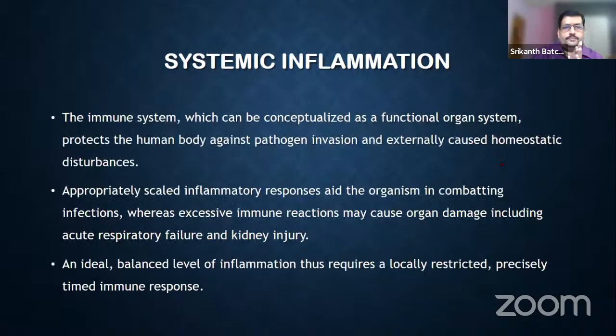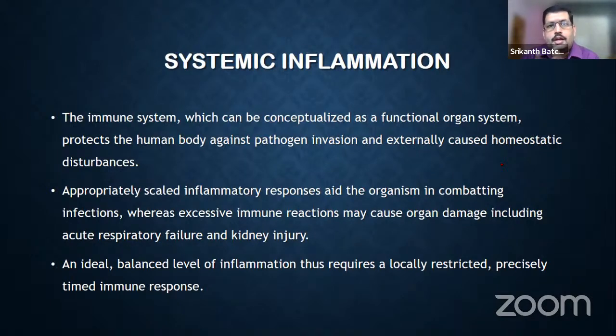We all know the thing that differentiates higher races from the lower animals, one of the evolutionary hallmarks of human beings, is the immune system. The immune system defends the host against invading pathogens and also exogenous infections. In the same way, even when an injury or tissue trauma occurs, the immune system behaves in the same way and protects our body against tissue damage.